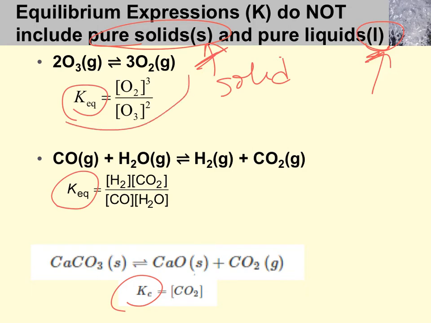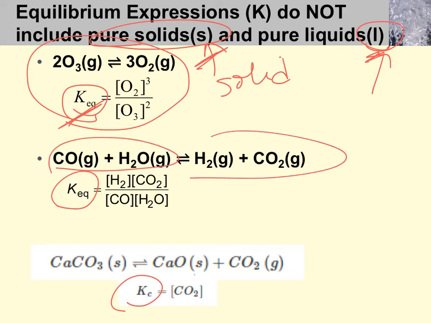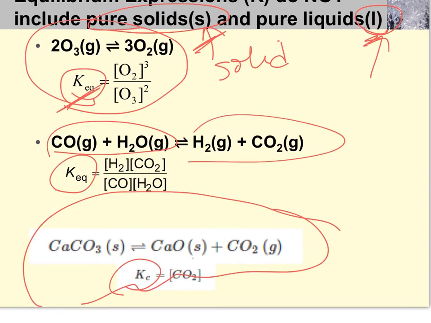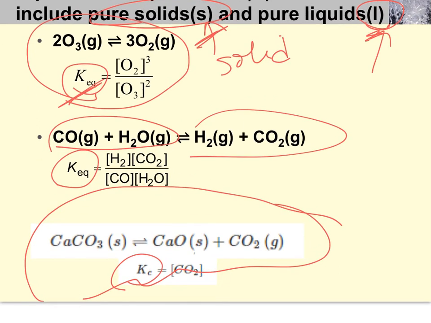So this is no surprise if we look at this reaction and write the equilibrium constant expression. There's really no surprise here, but what I do want you to do is pay attention to the equilibrium expression at the bottom of the page. Now, if it sunk in what I just said, you should be able to tell that the equilibrium constant expression K is simply equal to the concentration of carbon dioxide gas.